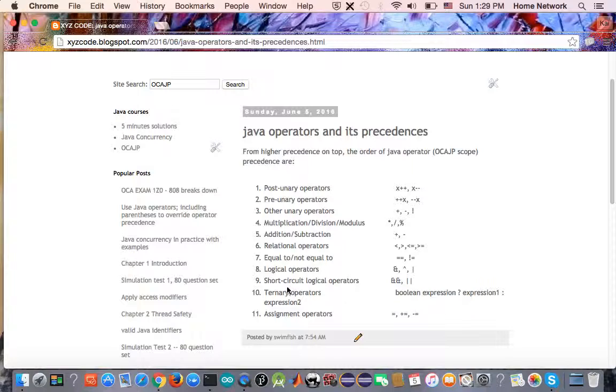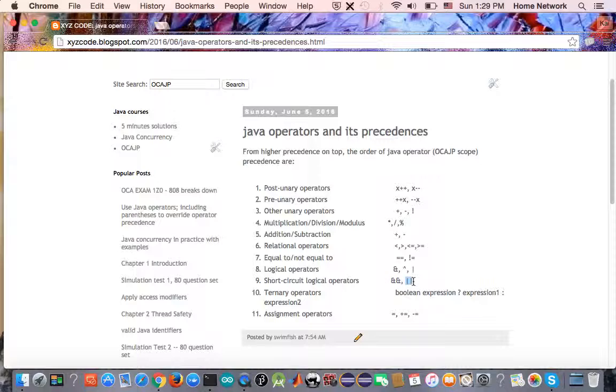Next one on the list is short-circuit logical operators, AND and OR. The rule for AND is we evaluate the expressions from left to right. The first time we meet a false, the whole expression is evaluated as false. The rest of the expressions are ignored.